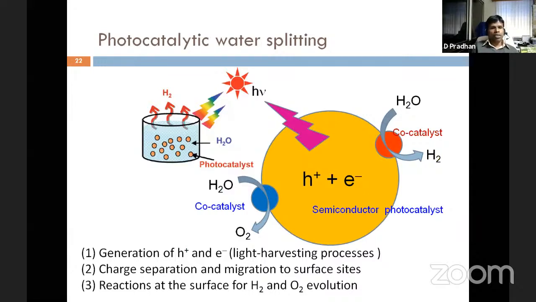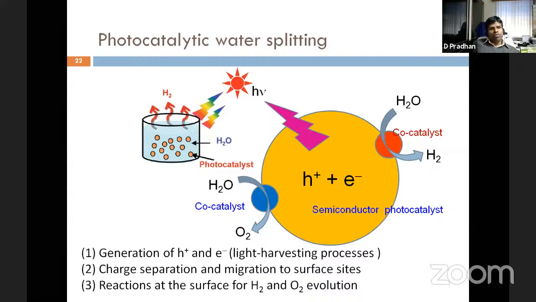A semiconductor also has different other characteristics. In this particular type of study, semiconductor photocatalysts are used to split the water molecule. Once you put it into water or an aqueous solution and shine light, then depending upon the band gap, if the incident or sunlight energy is greater than the band gap of the semiconductor material, electron-hole generation occurs.